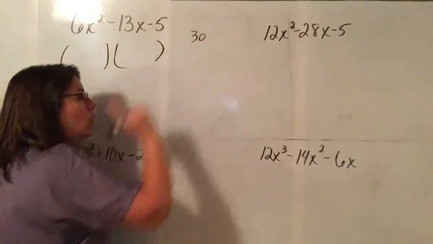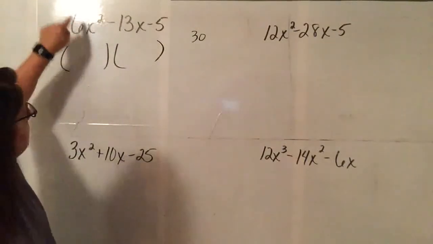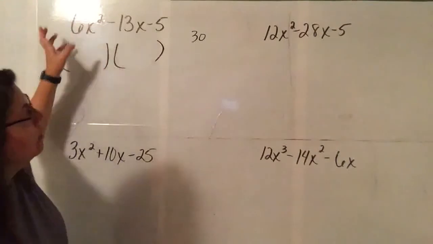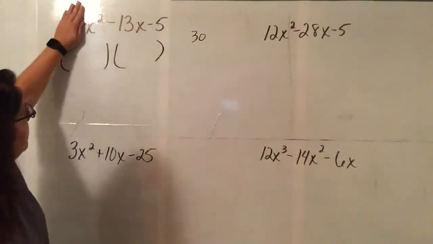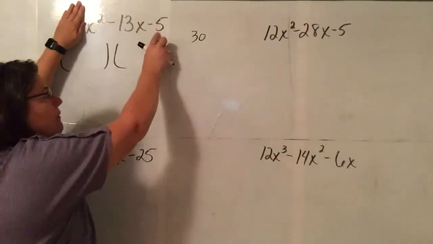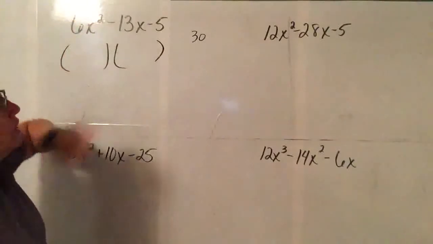Now remember, before we had mentioned really quickly that whatever is here, 1 times whatever was here, is the number we looked at. And we said before, like if there's a 1 here, we would have said, what factors of 5 subtract to give you 13? Well, now we're not doing that.